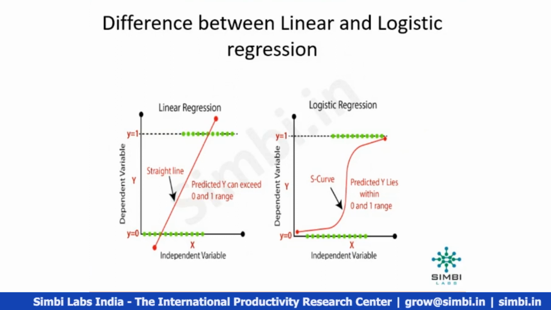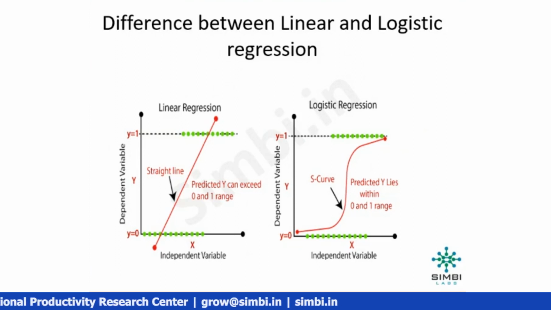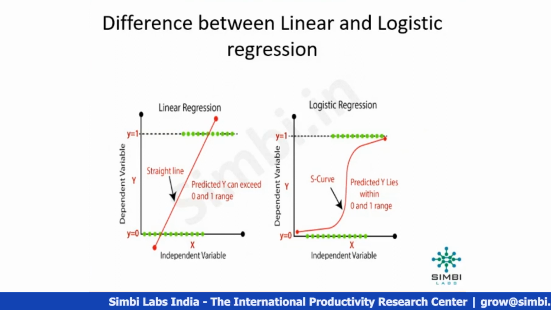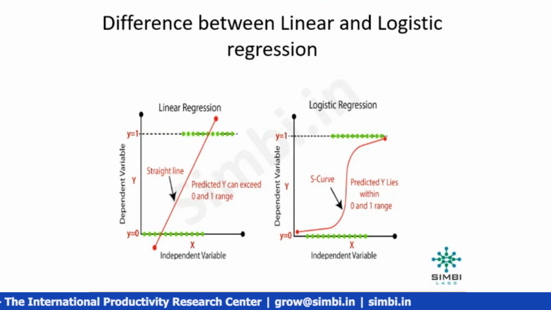It is primarily used for binary classification problems like true or false, 0 and 1, yes or no, where the dependent variable has two possible outcomes. That is when we can use logistic regression. It can also be used for multi-class classification problems.